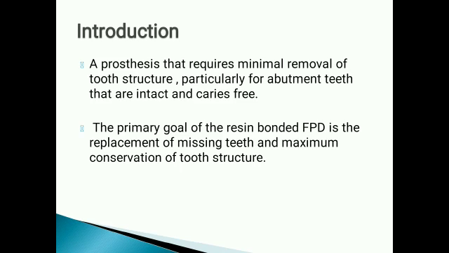The primary goal of the resin bonded fixed partial denture is replacement of missing teeth with maximum conservation of tooth structure, which locks mechanically into microscopic undercuts present on etched enamel and undercuts present in the casting.